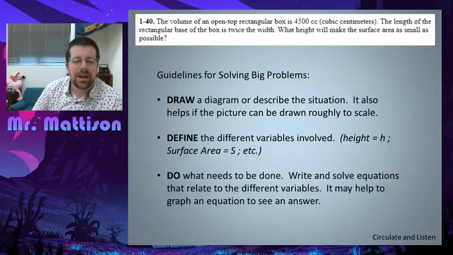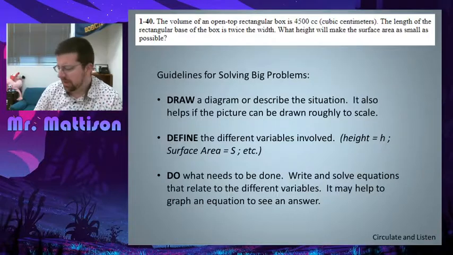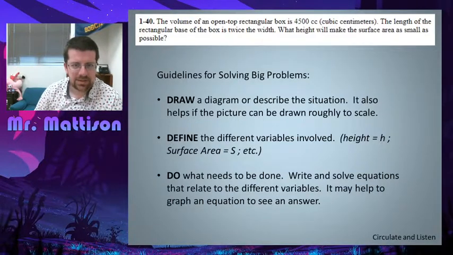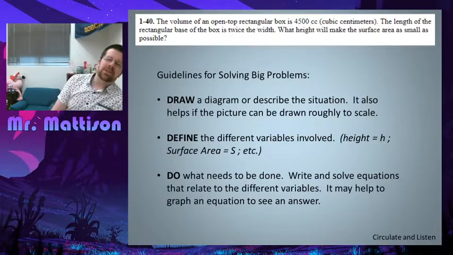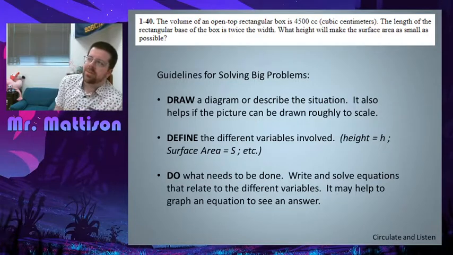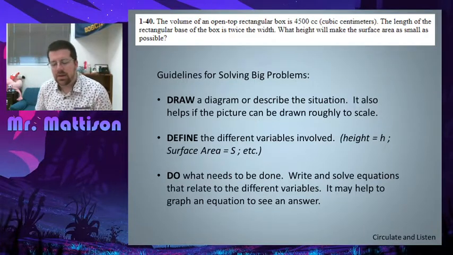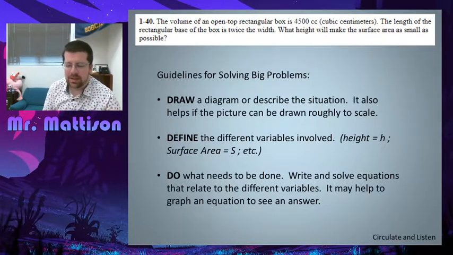So the problem here is we know what the volume of the box has to be, and we are trying to minimize the surface area of the box, which is actually a fairly common thing for companies to do. If you're trying to ship a lot of product, you typically want to minimize the amount of packaging which you need to ship that product.